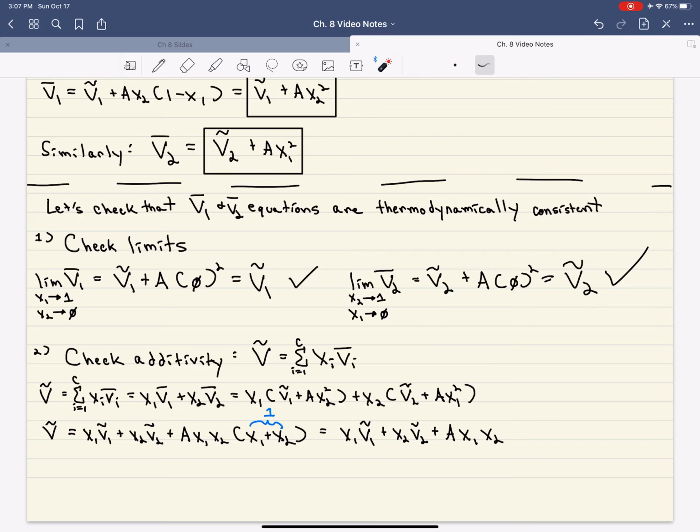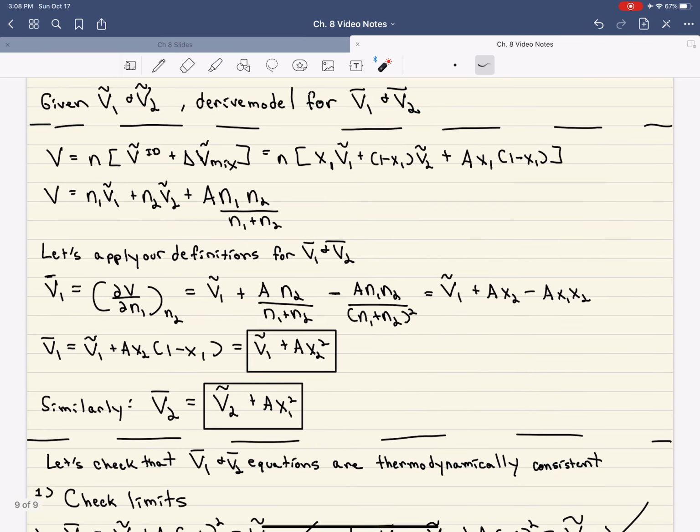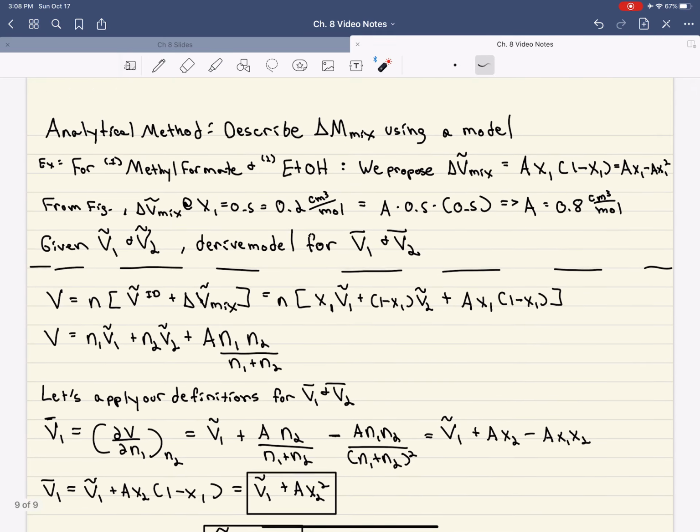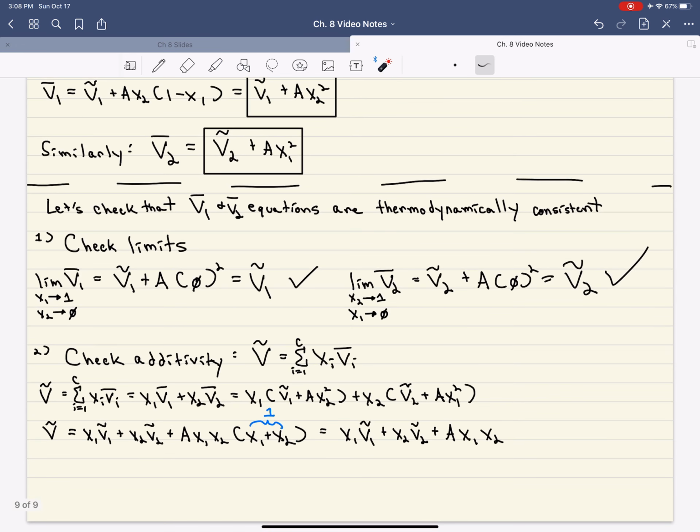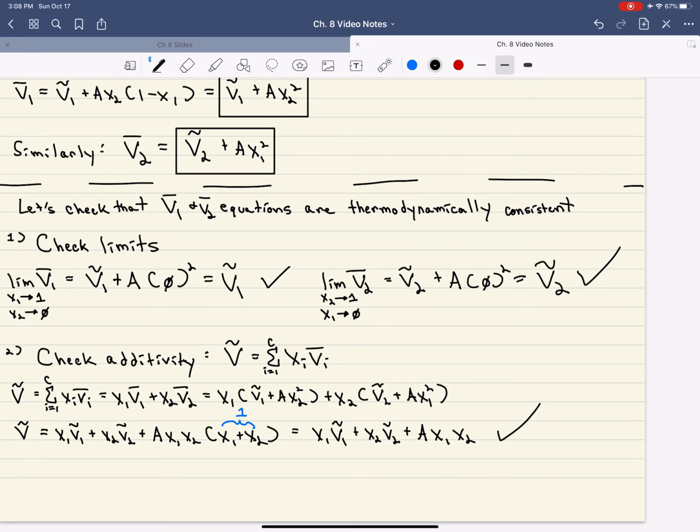So after we add in both of our models, we get this equation, which matches exactly what we got here, where this 1 minus x1 is just x2. And so our models pass the additivity check. So two things looking good.